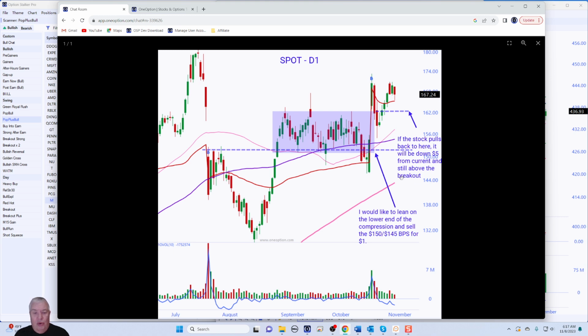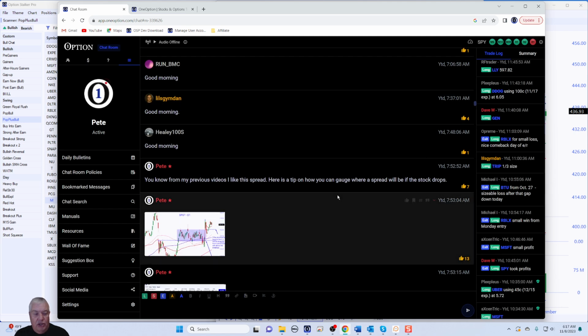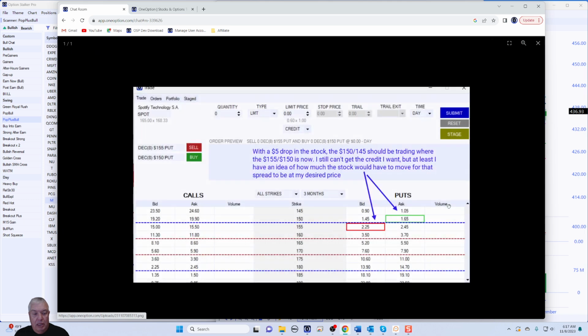So how do I know what type of spread I'm going to be able to get off if the stock pulls back? Currently the stock's at, let's say, 167 and I need it down to 162. What might I be able to get down here for a 150, 145 bullish put spread? Well, I showed a little trick that you can use just to gauge where those premiums might be.